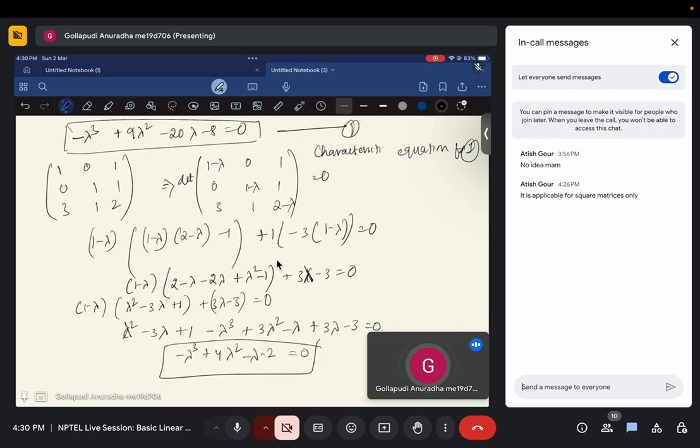So this is the characteristic equation for matrix 2. Seeing these two equations, can you comment whether the eigenvalues are the same or not?